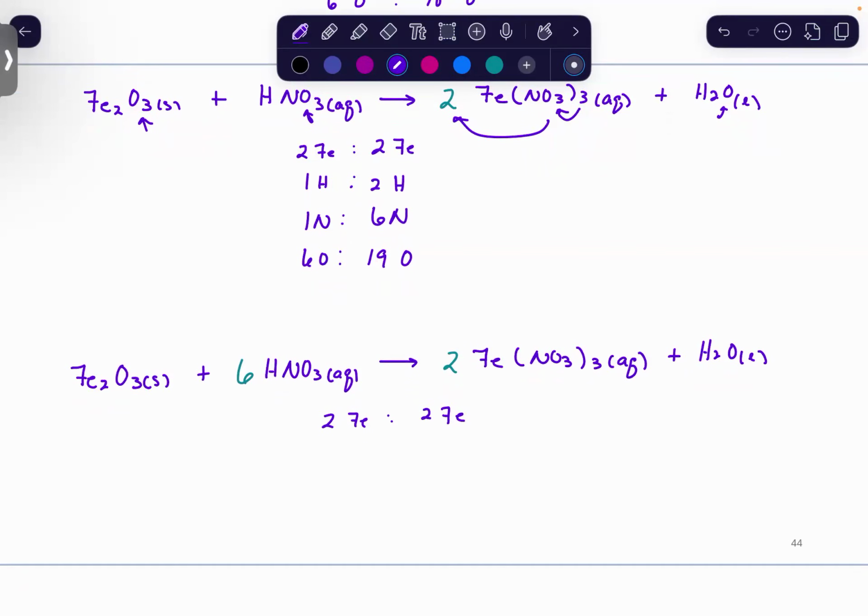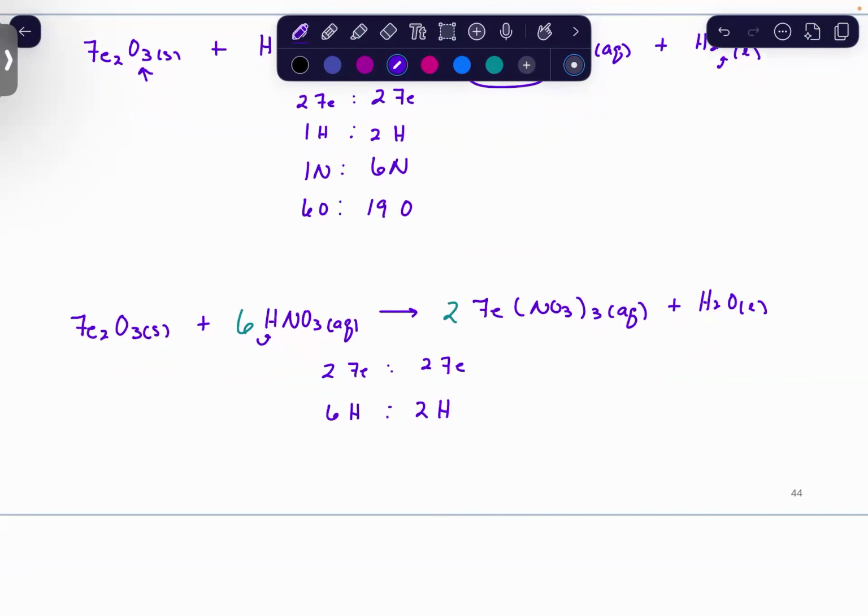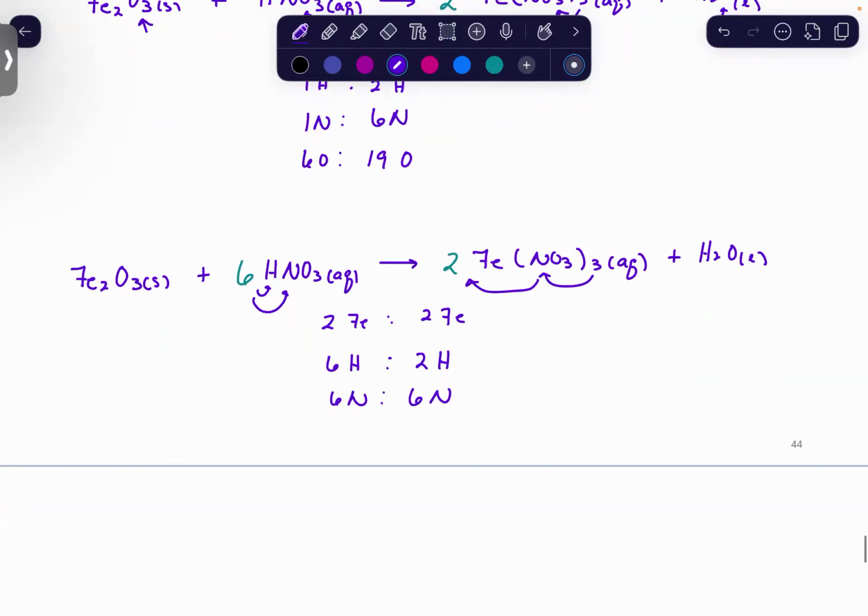Hydrogens, I have 6 on the left. How many do I have on the right? I have 2. So we're not quite there with the hydrogen yet. Now I have 6 nitrogens on the left, and on the right I have 3 times 2, 6. So those are good.